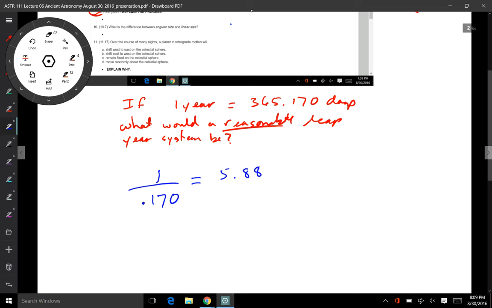Okay, 5.88. That's close to 6. So I'm going to make my leap year system start with a leap day every 6 years because that's close. Now, why did I say I'm going to add a leap day, not take out a leap day? Why do I need to add a leap day?